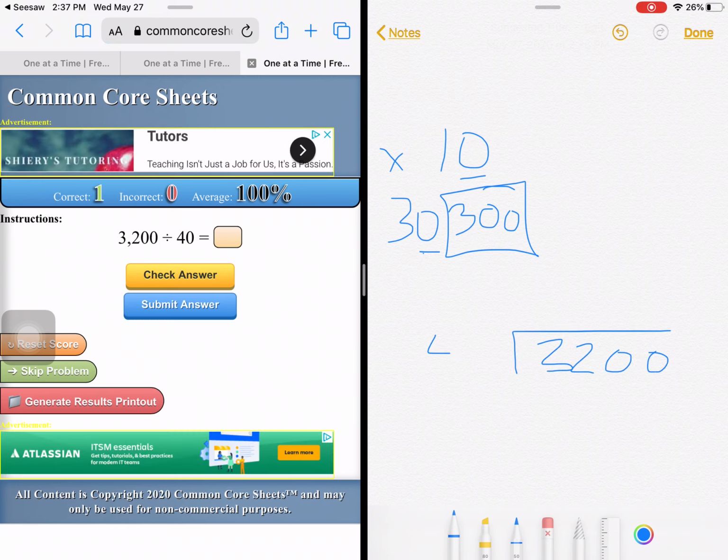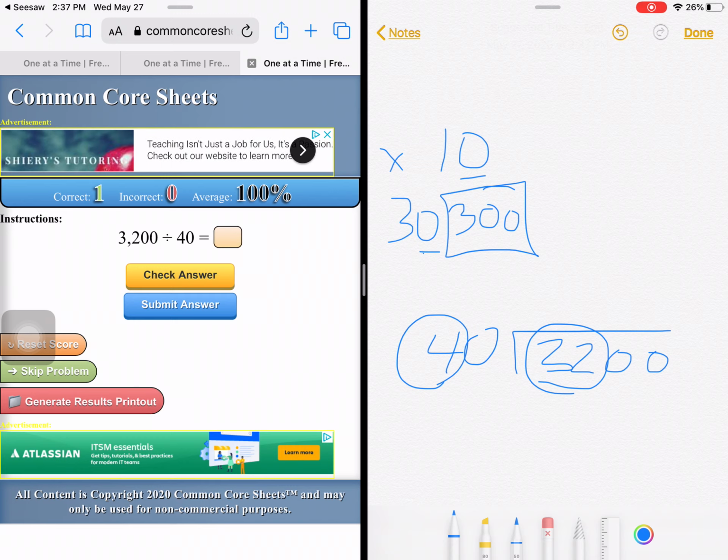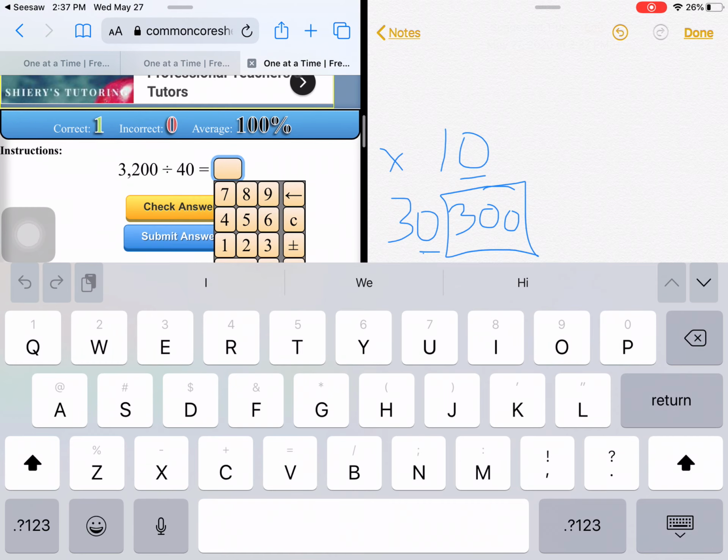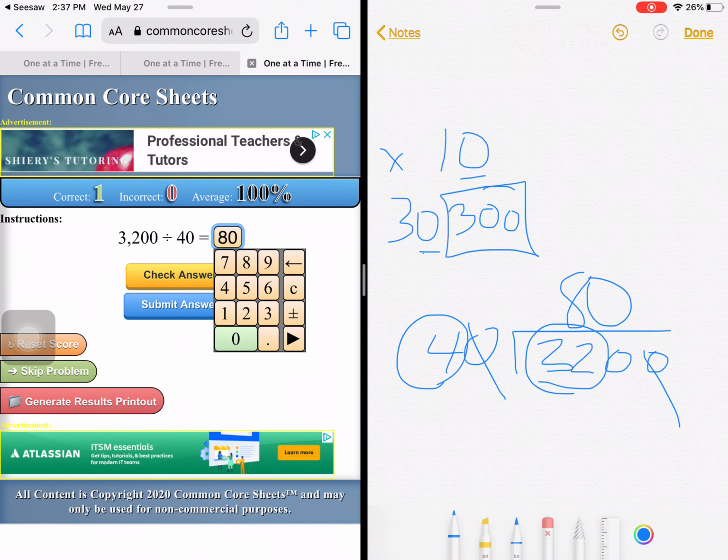And then this is 3,200 divided by 40, which we haven't learned, but we have learned 32 divided by 4, and we go 4, 8, 12, 16, 20, 24, 28, 32, that makes 8, and then 1 0, that would be 80, because I eliminated the zeros that matched.